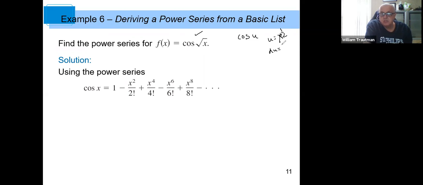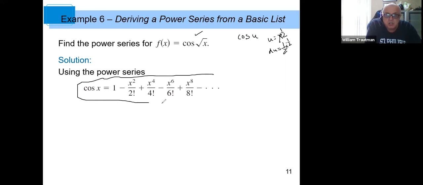So the derivative of u equals 1/2 x to the negative 1/2. And so on and so on. When you put that all out, this is the cosine x power series.